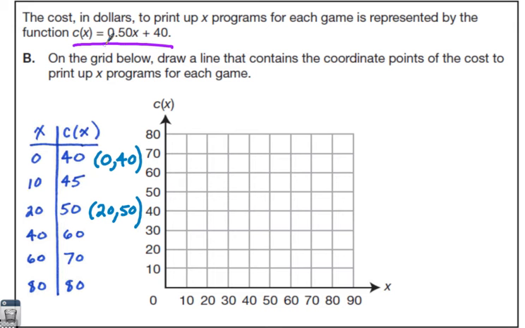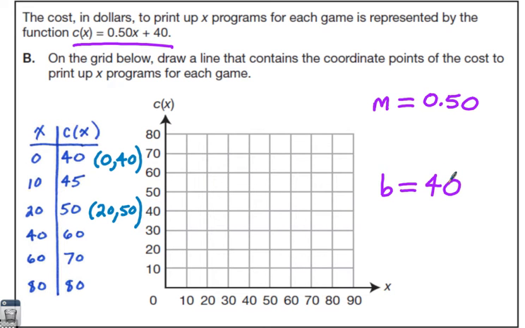see this equation as being in mx plus b form. So this equation is in mx plus b form, where m is the 0.50, and your B value is equal to 40.